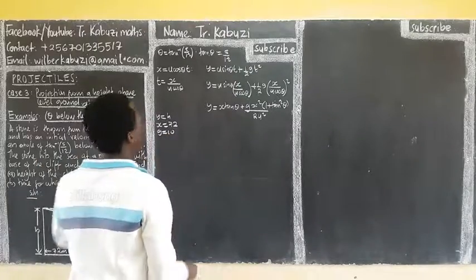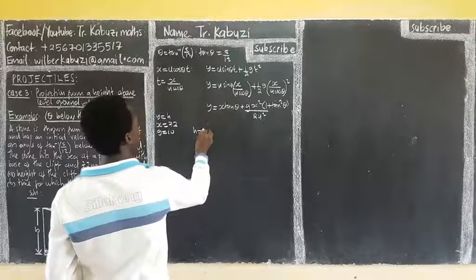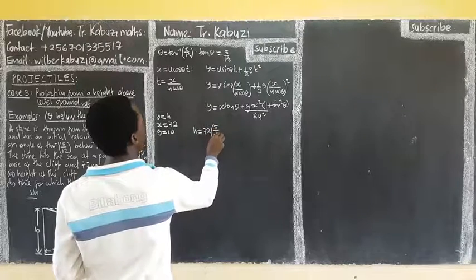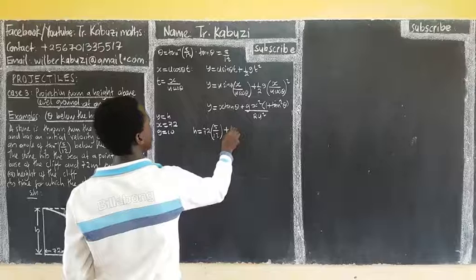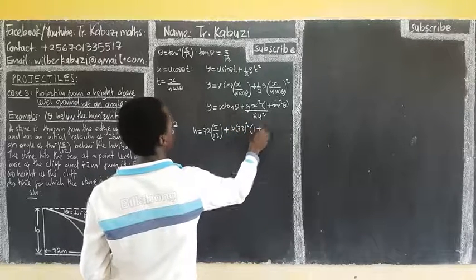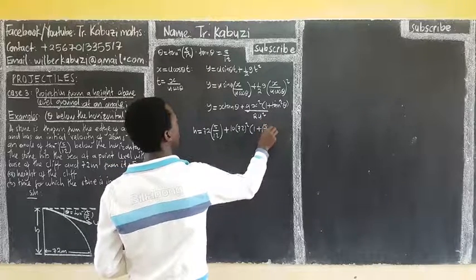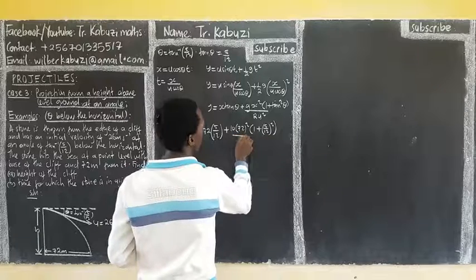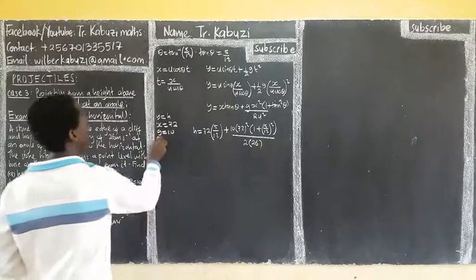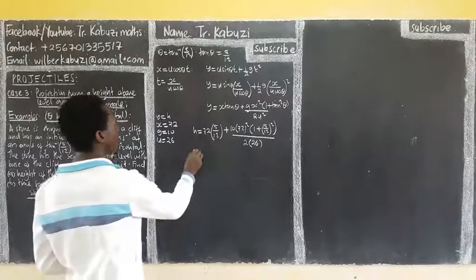So putting them here, our h will be 72 into tan theta, which is 5/12, plus 10 into 72 squared into 1 plus 5/12 the whole squared, then divided by 2 into our u, which is 26 squared.